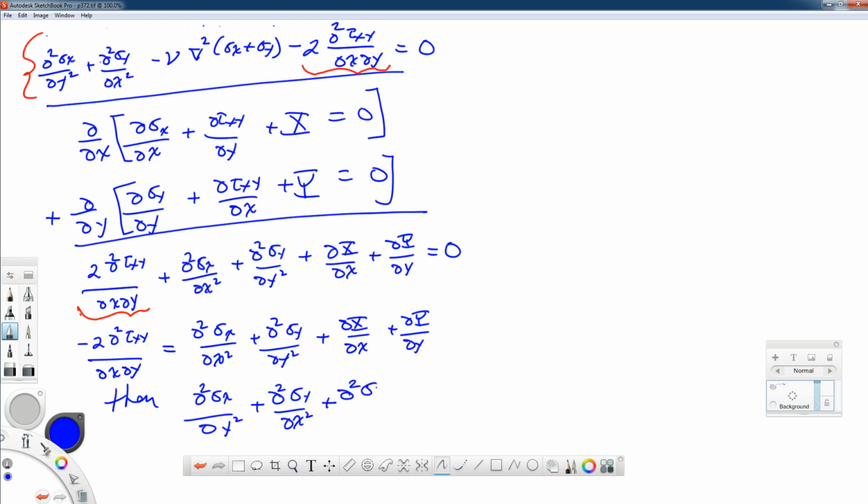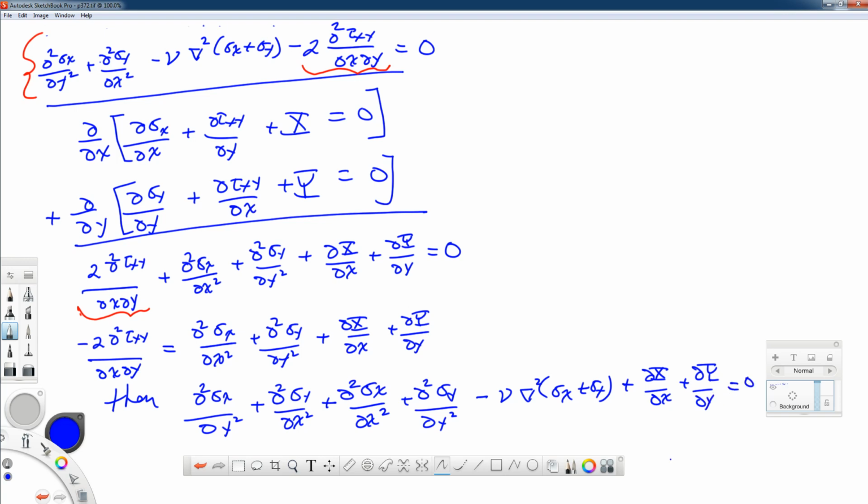So I'll have a plus second partial of sigma x with respect to x twice, and a plus second partial of sigma y with respect to y twice. I have my minus nu del squared of sigma x plus sigma y, and then I'll have my body force terms, partial of body force x with respect to x, and body force y with respect to y, and equal to 0.